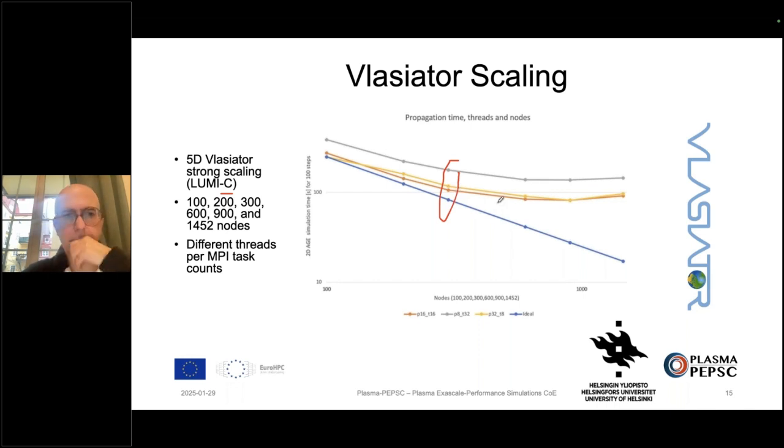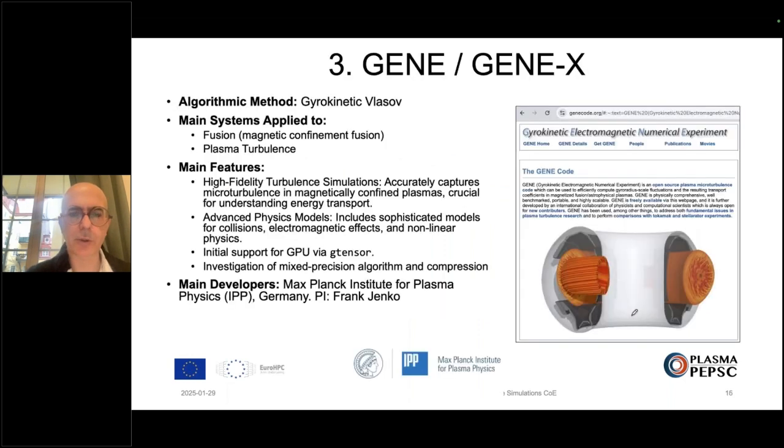So we are looking at the root cause for this. We identified, for instance, the communication part, and how to aggregate the units and decrease the communication. And the Vlasiator team is doing a great job in this direction.